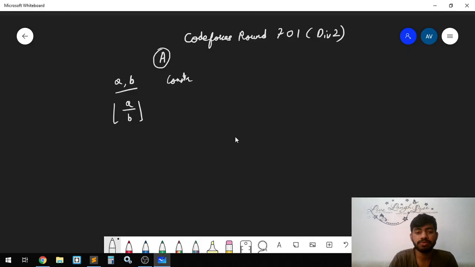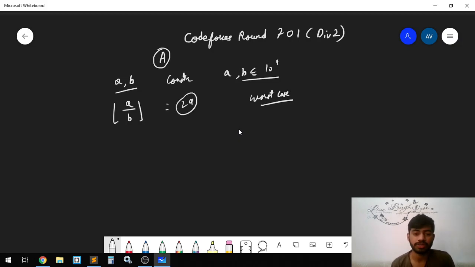So the maximum value of a and b is 10 raised to the power 9. Okay, so in the worst case scenario, when b is 2, there are about 29 operations at most, right? That is log base b of a operations.